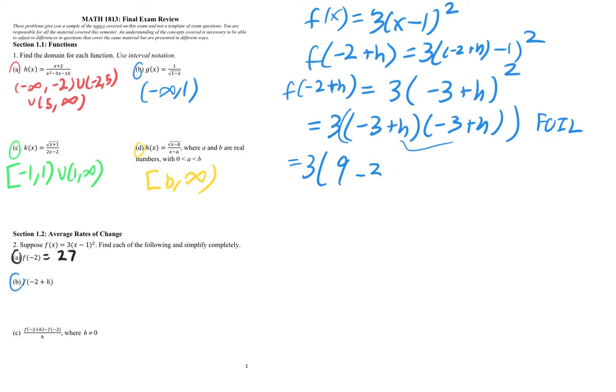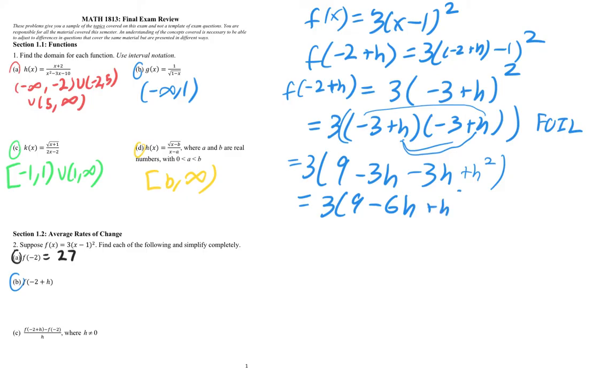So we're going to have minus 3h. Our outer terms are going to be -3 times h. So we're going to have a -3h again. And then our last terms are these h's being multiplied. So we're going to have plus h squared. So if we simplify that inside, we're going to have 3 times 9 minus 6h plus h squared.